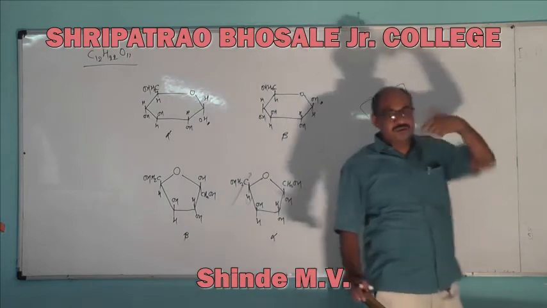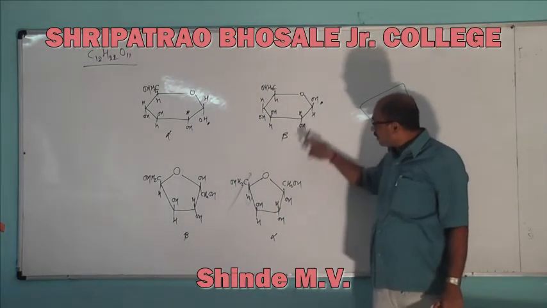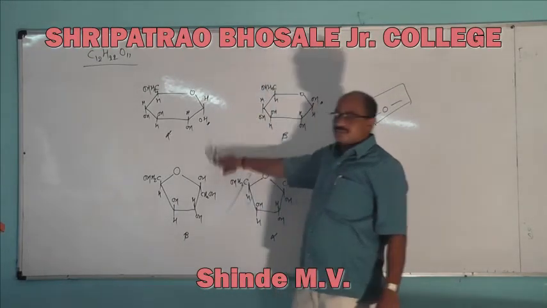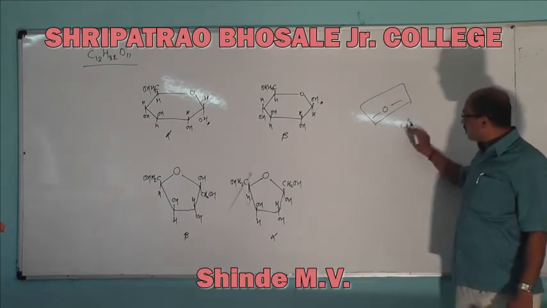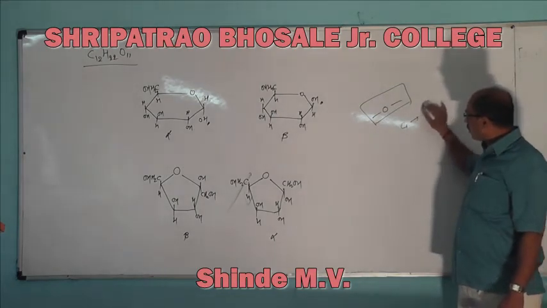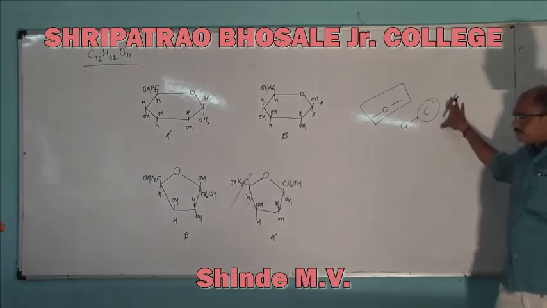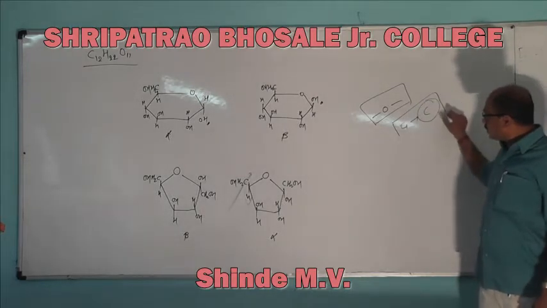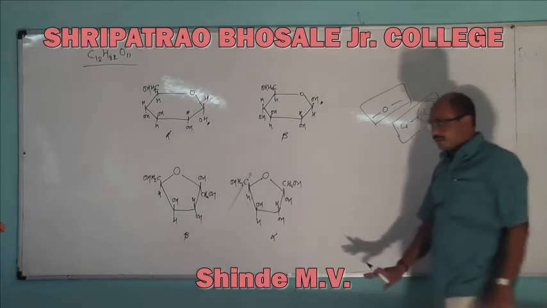The anomeric carbon, which is newly formed, is a carbon atom with the formation of a new chiral center. The anomeric carbon, C1, is attached to a carbon of the second monosaccharide unit.